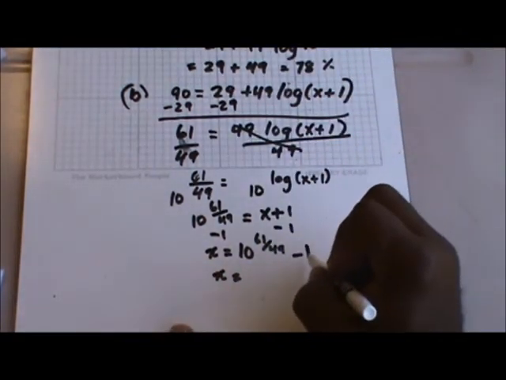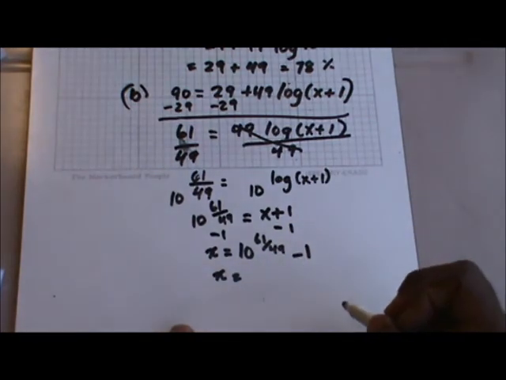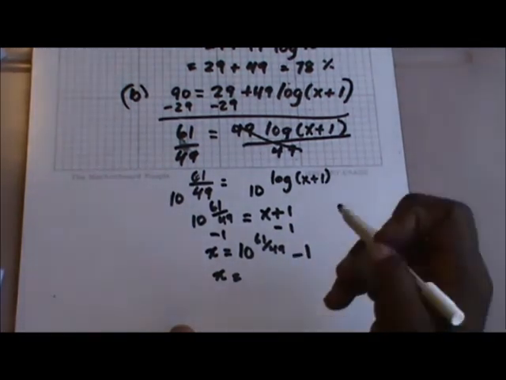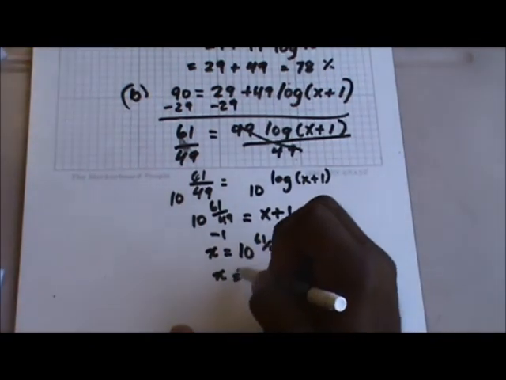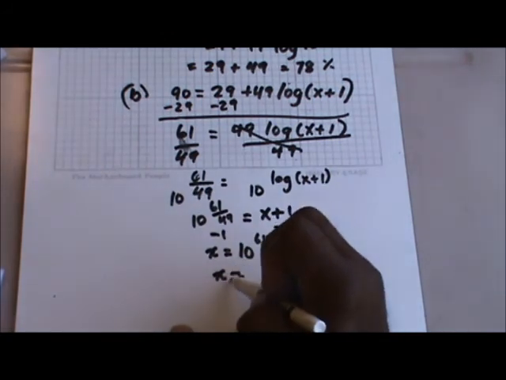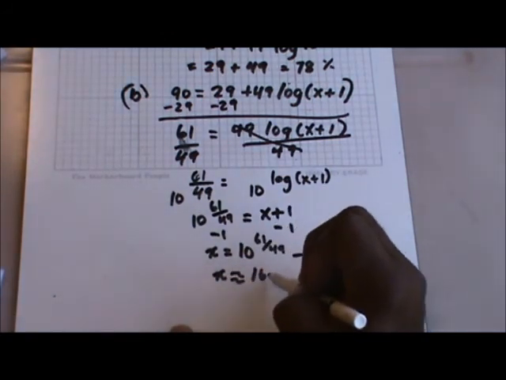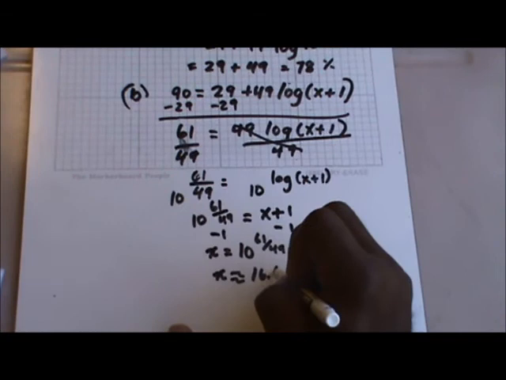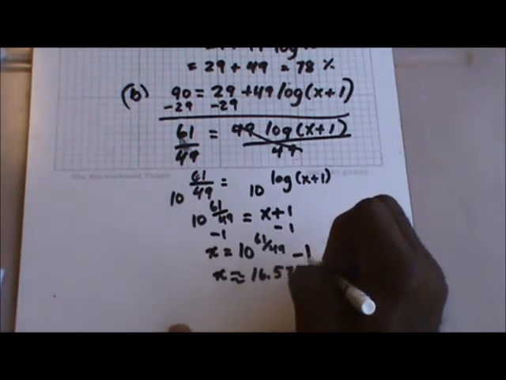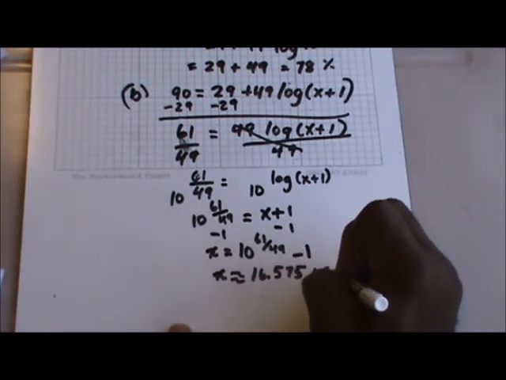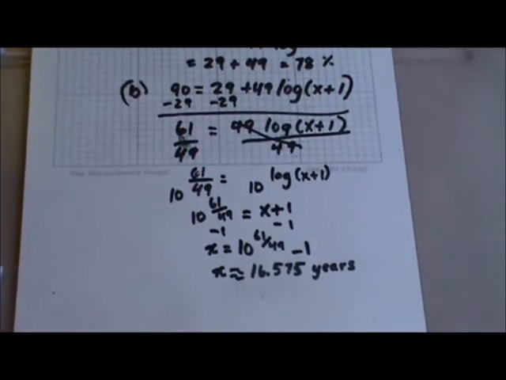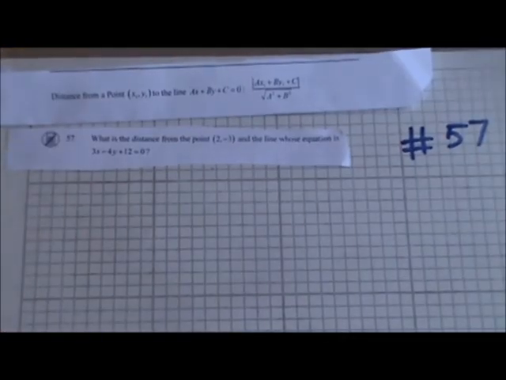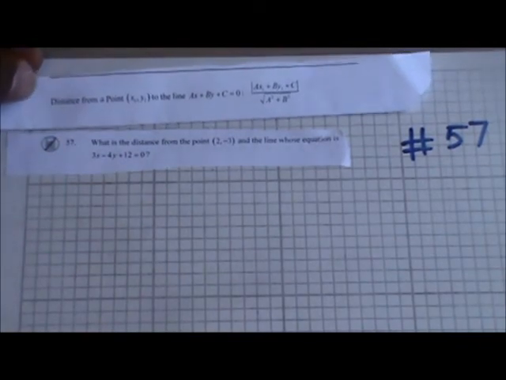So at this point, you can plug all this in your calculator. If we plug it in, we should end up with approximately 16.575 years. All right, so done.